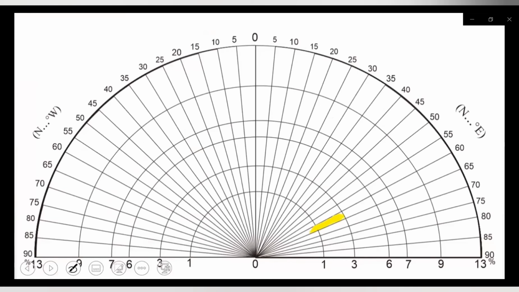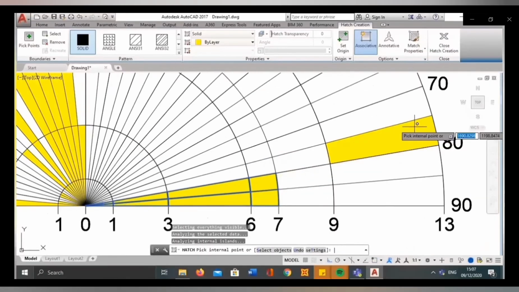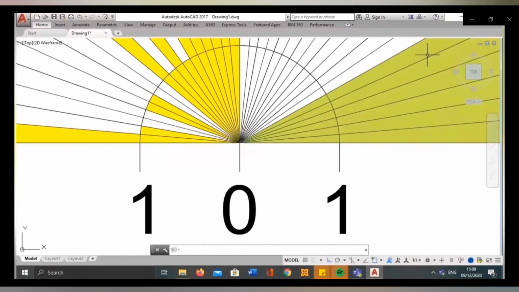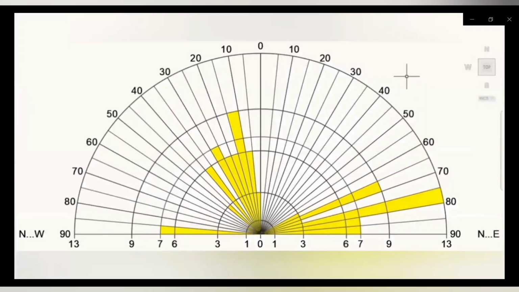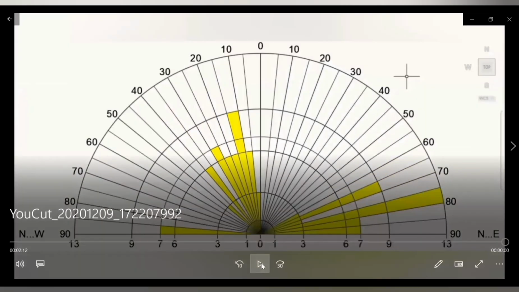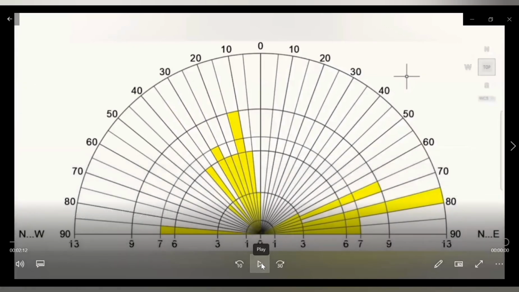Next, we plot the azimuth according to the interval, for example north 90 degrees west until 0, until we go back again to north 90 degrees east. Next, we draw a circular arc with radius equal to the percentage of each interval, from the lower limit of the interval to the upper limit of the interval.